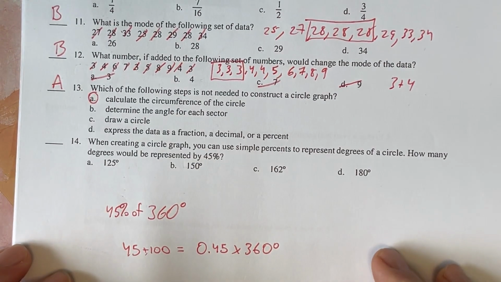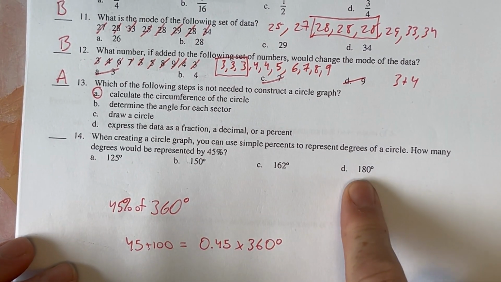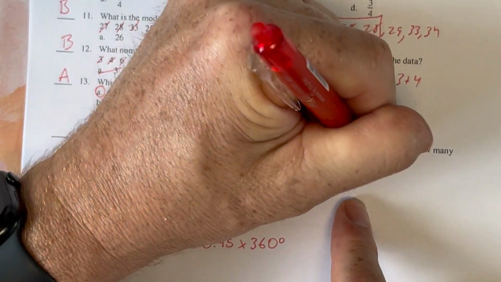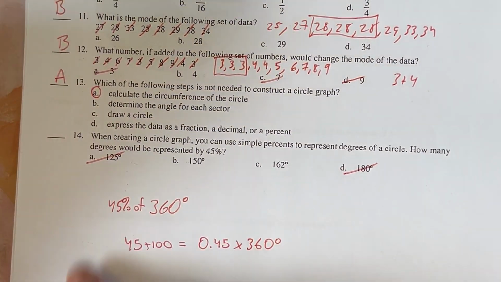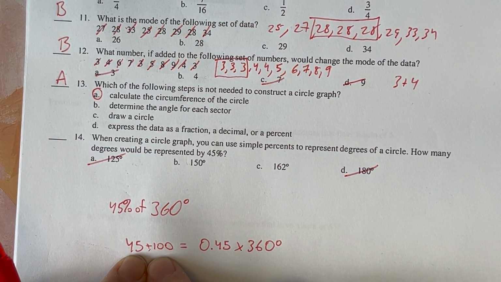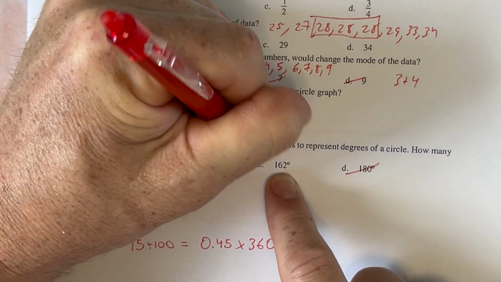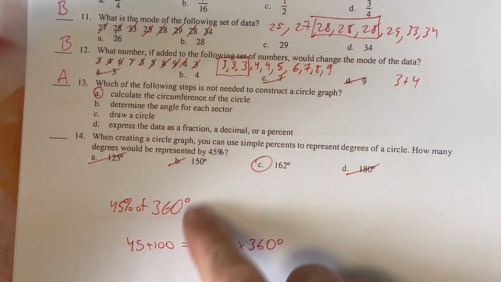Now this one, I'm not going to pull up my calculator, I can figure it out. It's not 180 because that's 50% of this. This one is too small, okay, it's 45%. So it's going to be this one. Okay, this one's too far away.